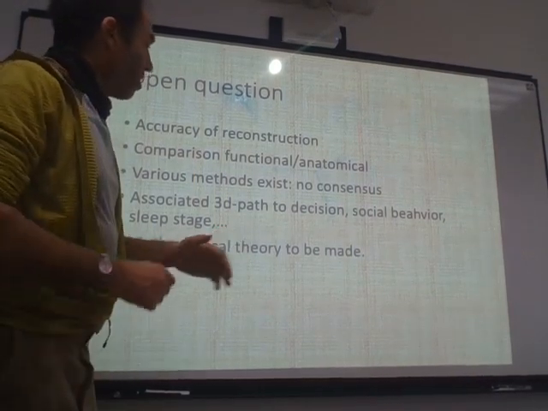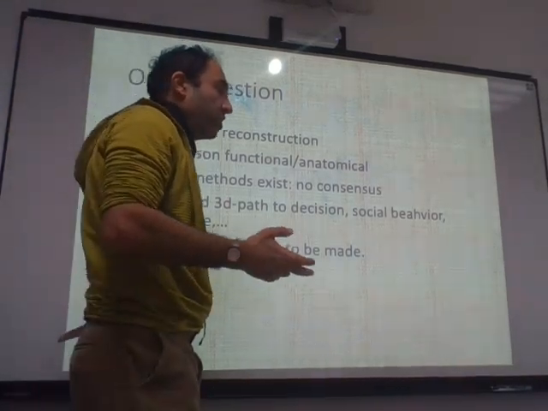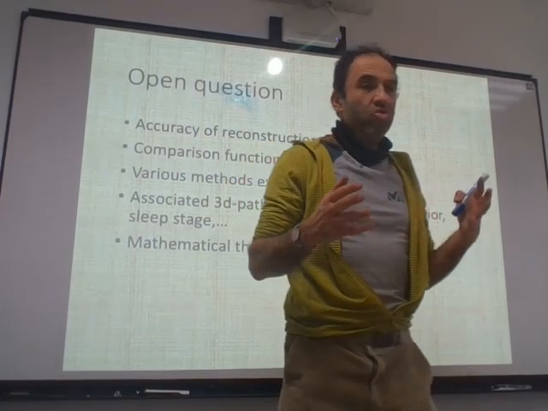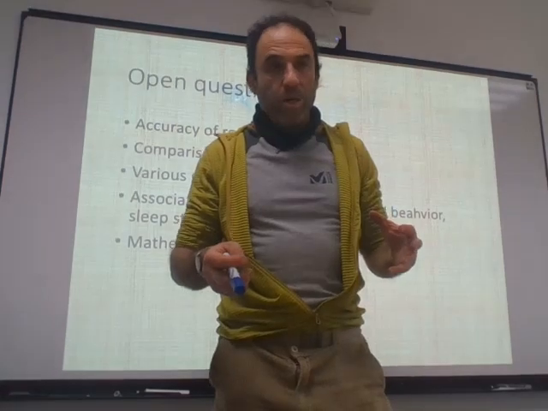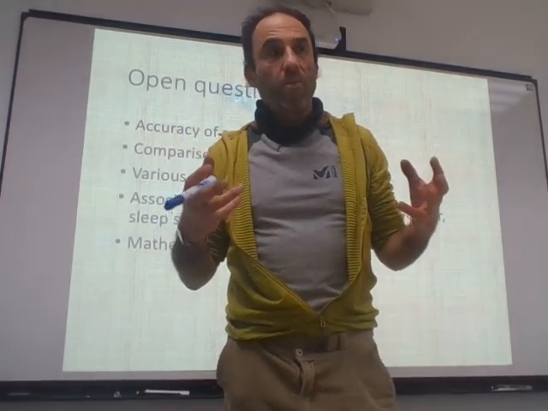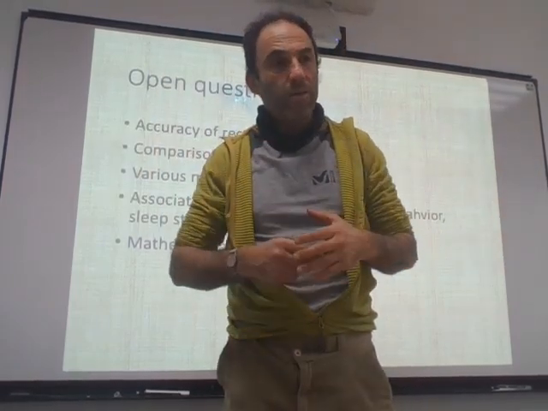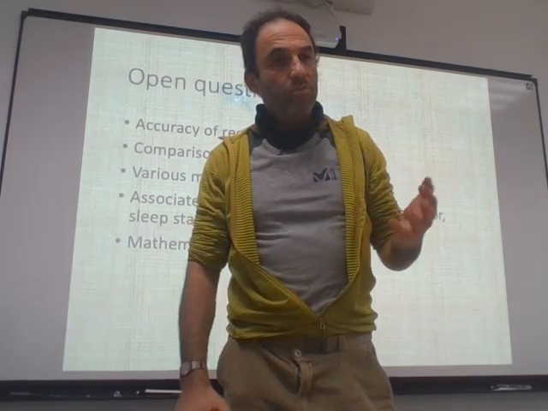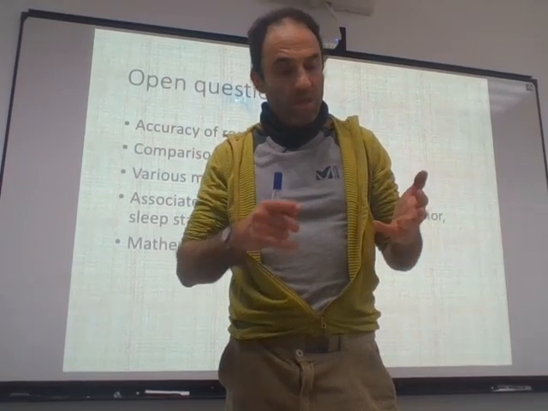Yeah, and a mathematical theory is to be made about how good your reconstruction is, especially when you are going to get not one network, but millions of networks. If I give you millions of networks, millions of paths, how do you identify the relationship between the paths?